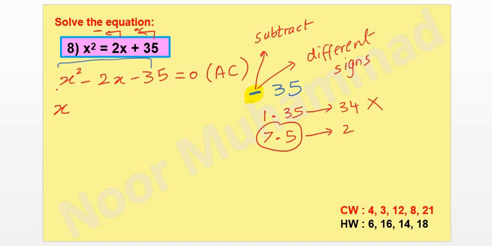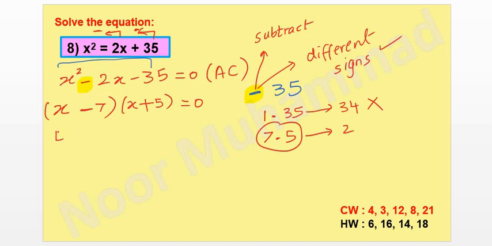There is no coefficient except 1. So when the coefficient is 1, we write only x here. And then I'll write the bigger number 7, and then x and the smaller number 5 equals 0. Now the middle sign goes with the larger number, so this one will be negative. And what about the other one? I have to put a different sign here, so the other one will get the positive sign.